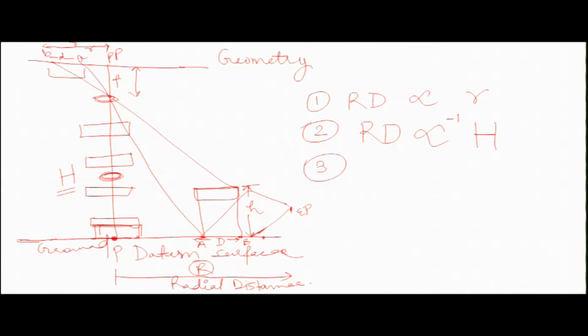And point number 3 is that the relief displacement is directly proportional to the difference in the elevation of an object, h. So this object or this building is having height h. Okay. So when the height of this object or building increases, then it will result into greater relief displacement.